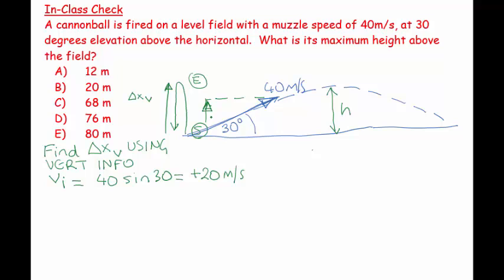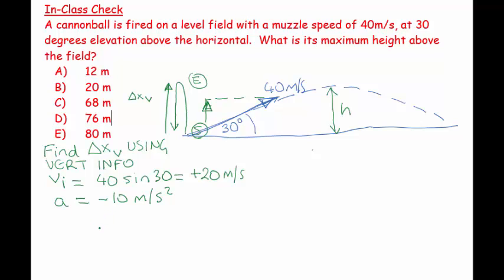So I recognize that my muzzle velocity is important, but it's not the velocity in the direction that I'm doing my problem. I'm doing my problem vertically, so I have to find the vertical component of the muzzle velocity, which is 40 sine 30. And then I know my acceleration is equal to minus 10 meters per second squared.